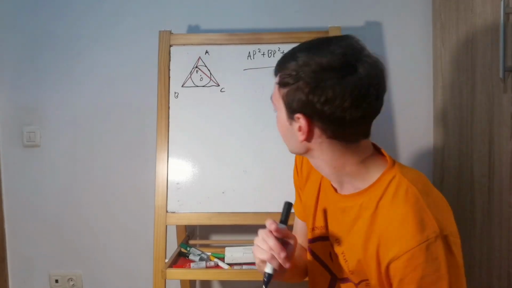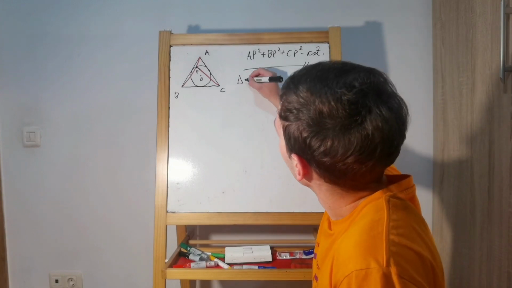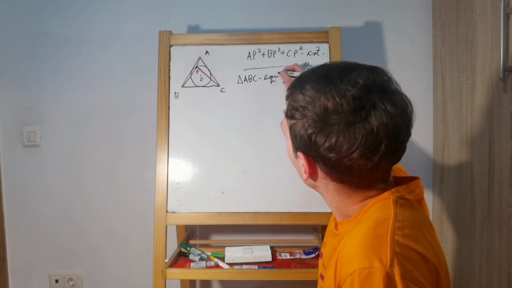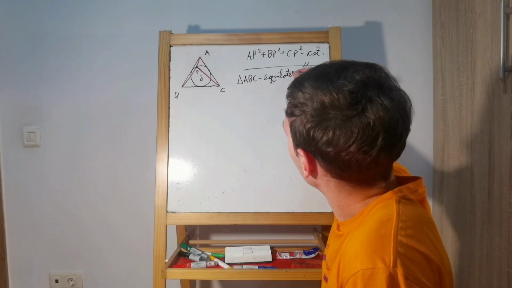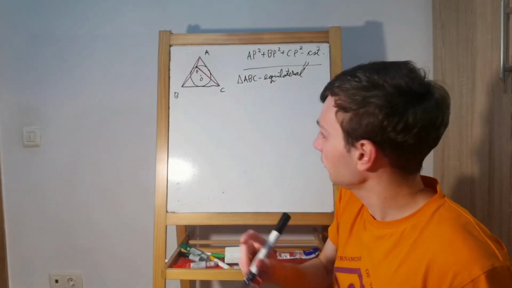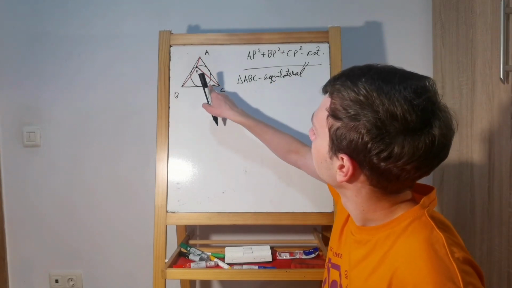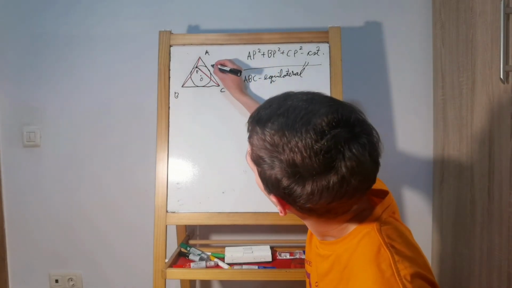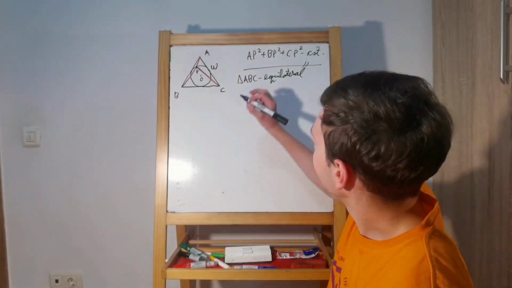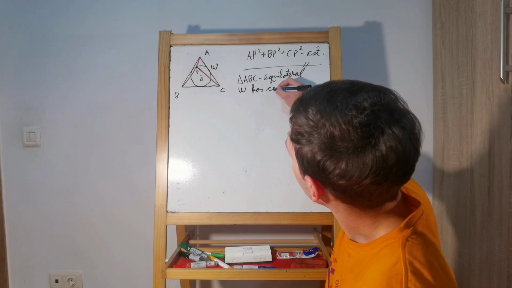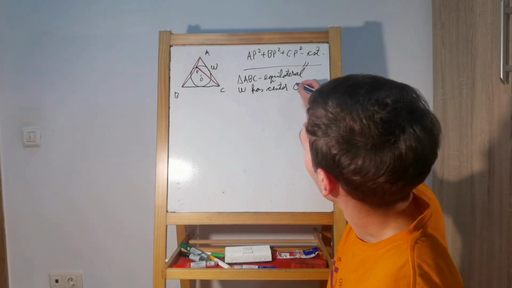So let's just write it down. So ABC is equilateral, and let's call this circle omega, and we'll say that omega has center O.